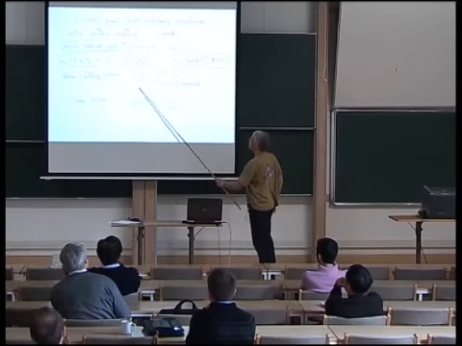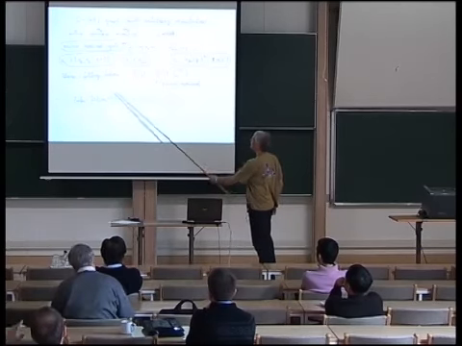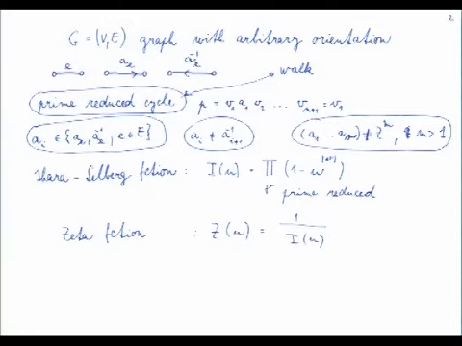So the two main functions are the Ihara-Selberg function, which is defined like that, where the product is over all prime reduced cycles, and the zeta function. The U's are indeterminates. Do you have a collection of U's? Here it's just one, a single variable.